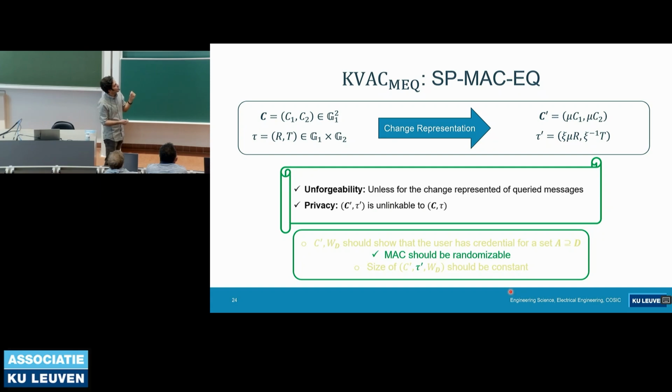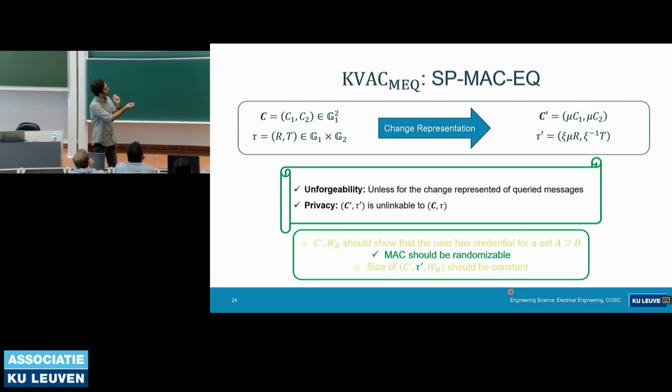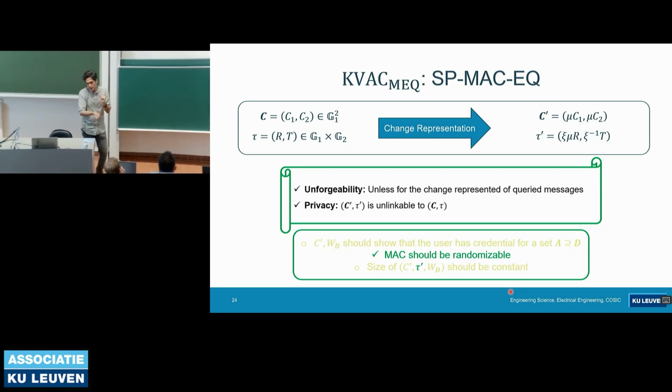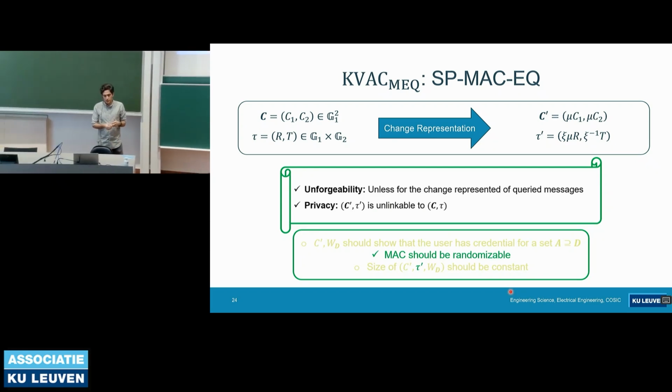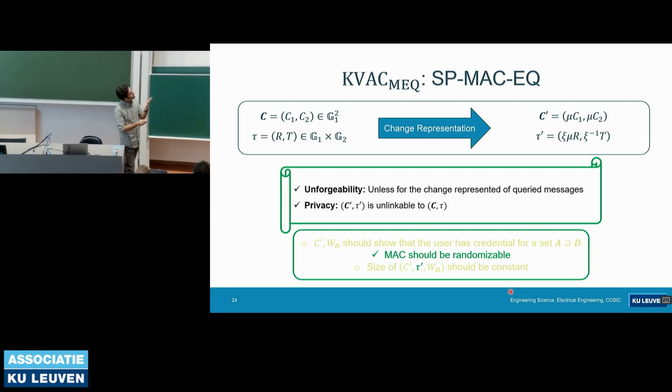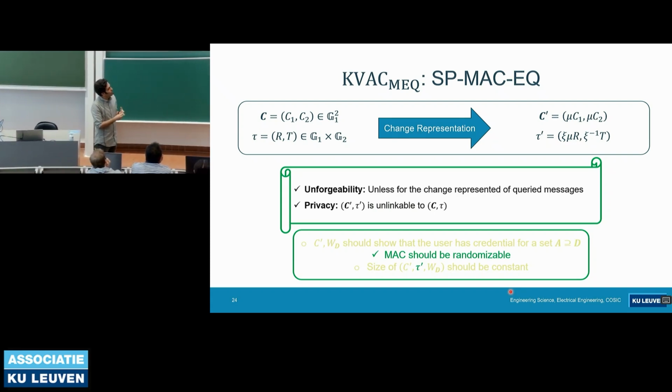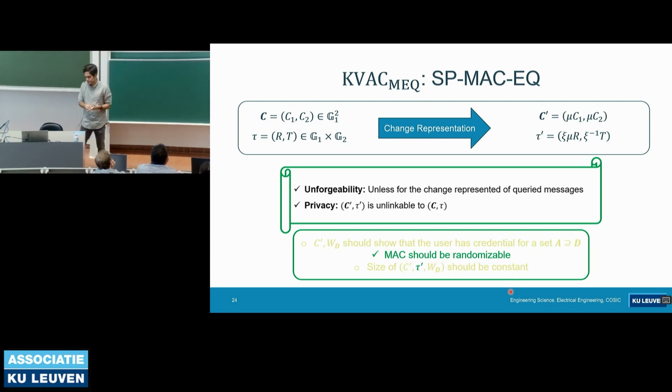For the tag, we multiply the first element by mu, and we also use another randomness, psi, which we multiply by the first element, and we multiply the inverse of it in the second group element, because in the verification we need these 2 randomnesses to cancel out each other. This tau prime at the end would be a valid MAC on this randomized version of the message.